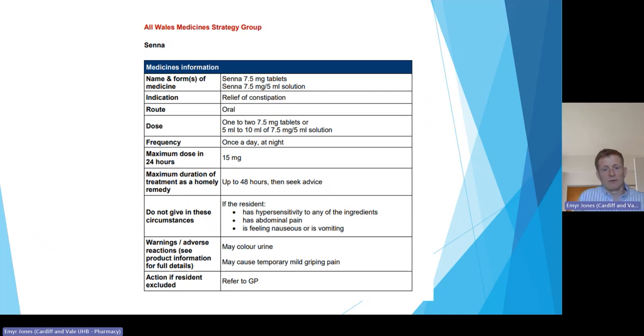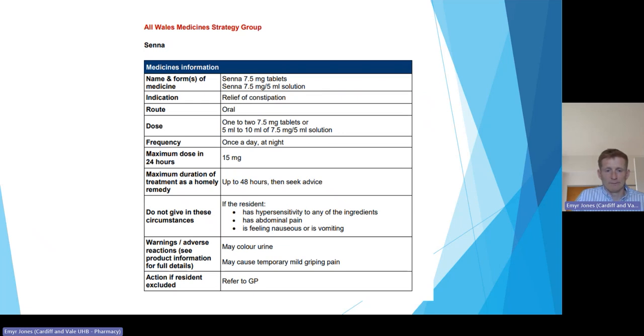So it's useful for the GP practice to know which stocks of homely remedies are available for residents, and it's also good for them to support the care home to develop the specific homely remedies policy, and also agree the duration of time that a specific homely remedy should be continued before the resident needs to be referred to the prescriber.